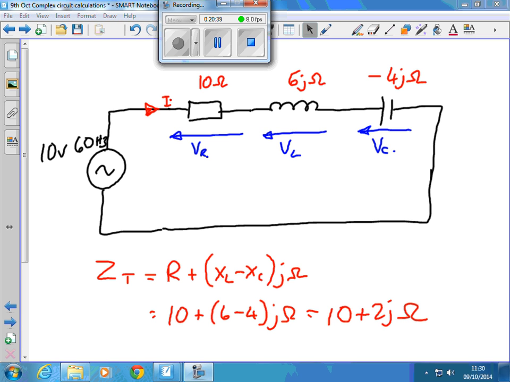Okay, what I want you to do, 5 minutes, calculate the current flowing in that circuit in polar form. Well, in fact, I want it in rectangular and polar form.